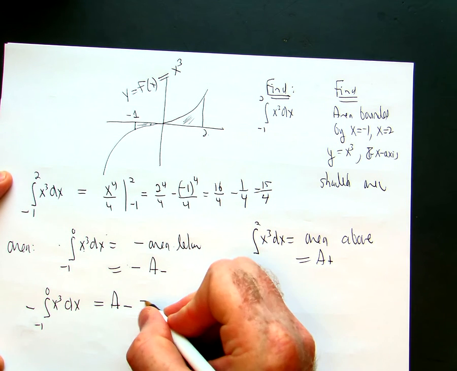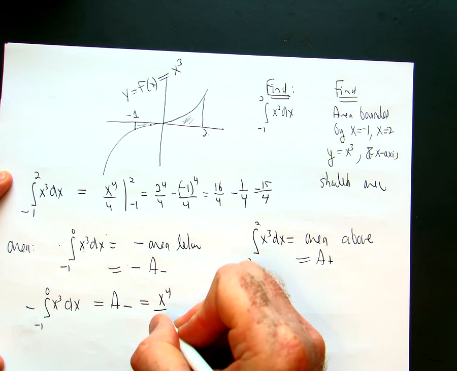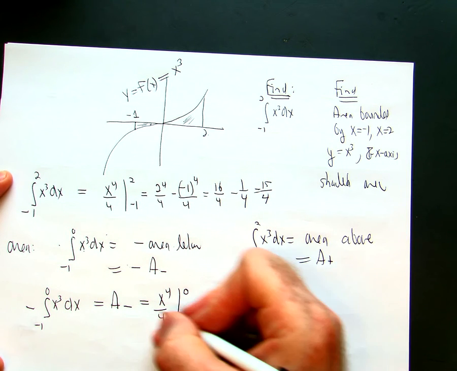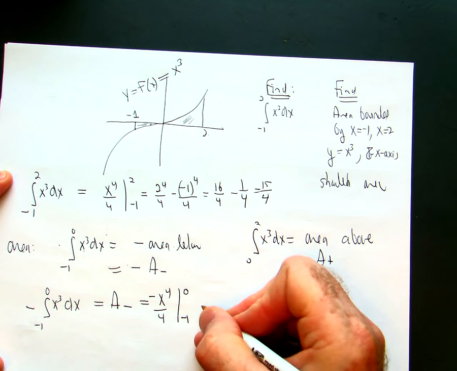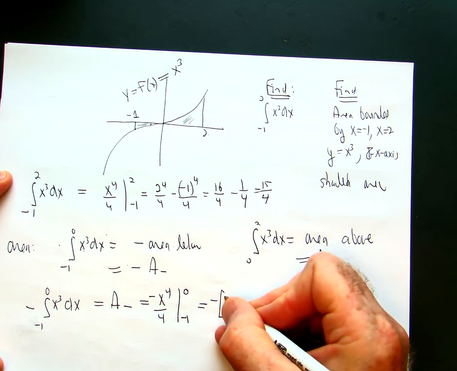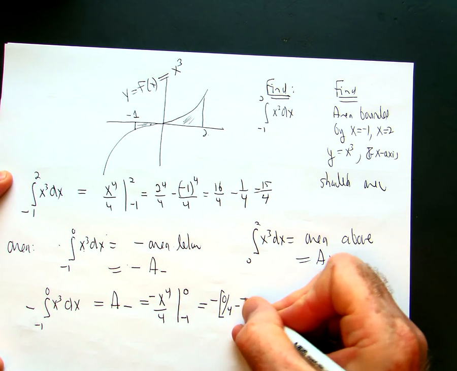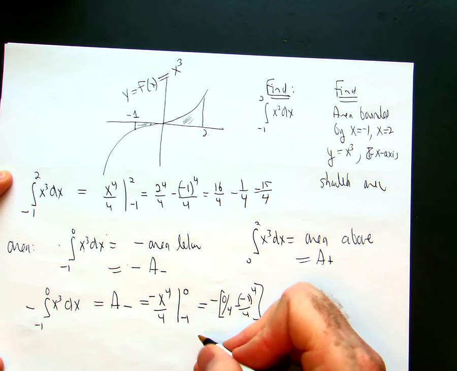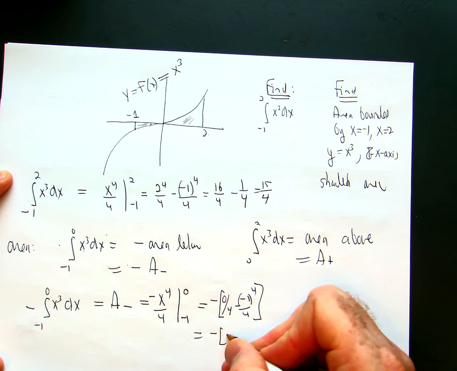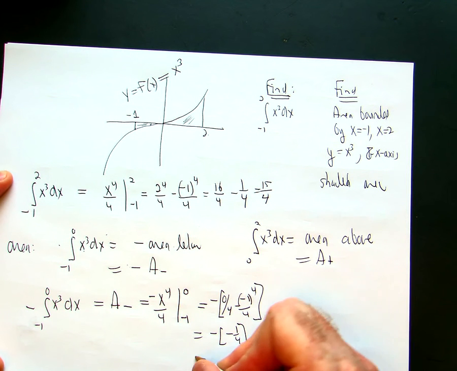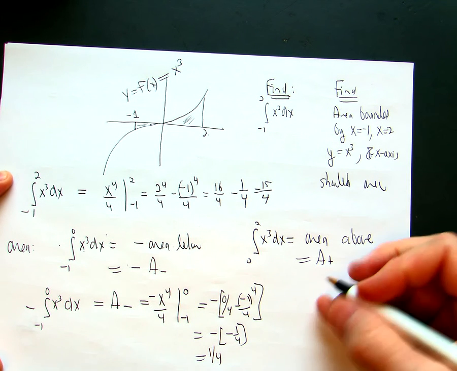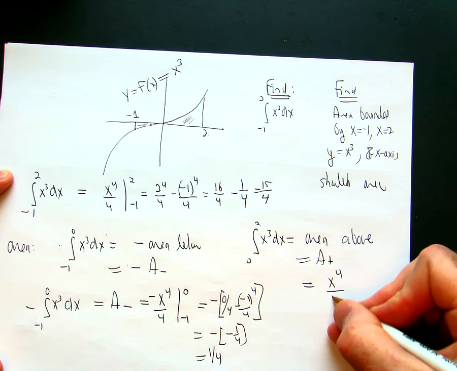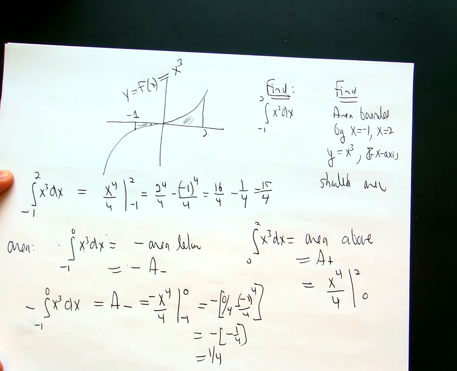That's going to be x to the 4th over 4, evaluated at 0, minus that at -1. That's going to be negative 0 over 4 minus (-1) to the 4 over 4. That's going to be negative 1/4, so I get 1/4. Over here, 0 to 2, no need to monkey around with changing anything because it's already positive.